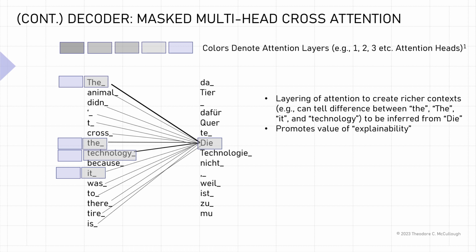And this graphic, which is also used in the article Attention Is All You Need, really also promotes the idea of explainability, because it's one thing to state that there's a masked multi-head cross-attention matrix represented in a matrix. It's another thing to graphically represent the strengths between words, and this graphic, for example, is much more explainable than a mere matrix.